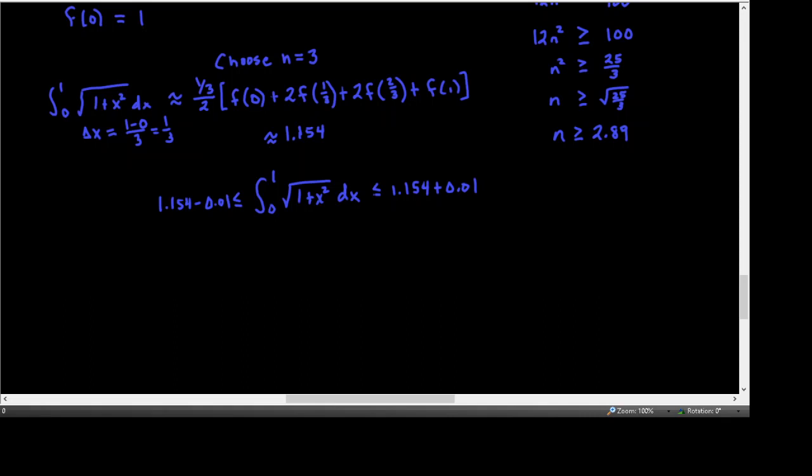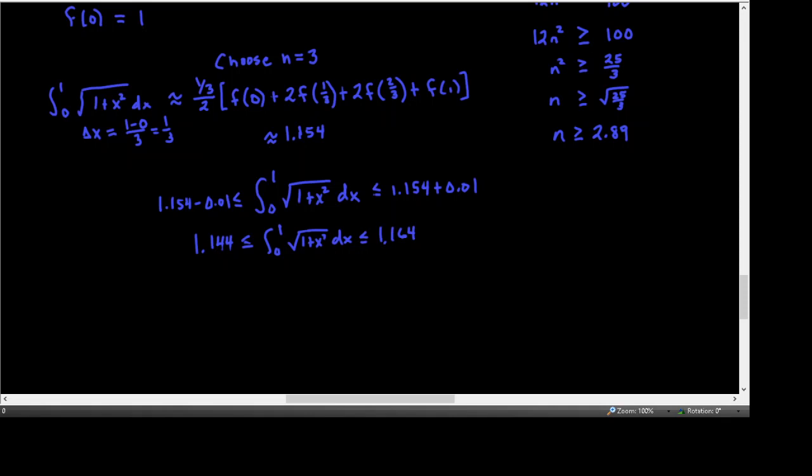And so that would mean that our answer for sure is somewhere between 1.144 and 1.164. So the actual answer is somewhere between those two extremes.